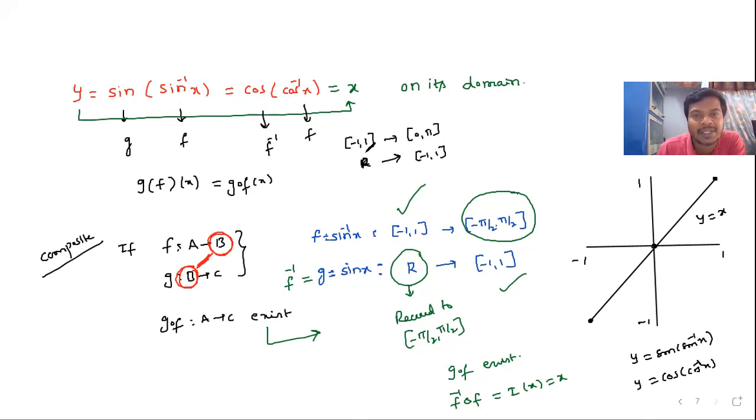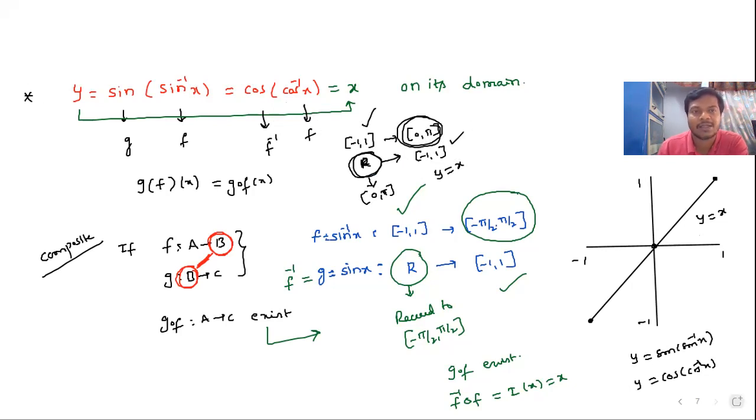To get the composite function, these two regions should be the same. So we have to reduce this to 0 to pi. And then the composite function exists. Clearly they are inverse to each other. Therefore, it gives the graph of y equal to x in this interval -1 comma 1 to -1 comma 1, so that these two graphs are similar graphs. Remember.